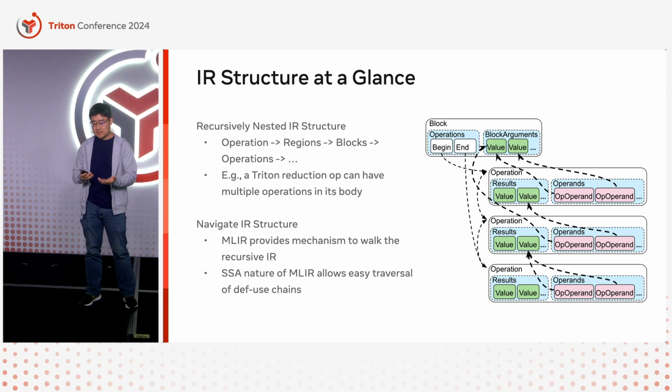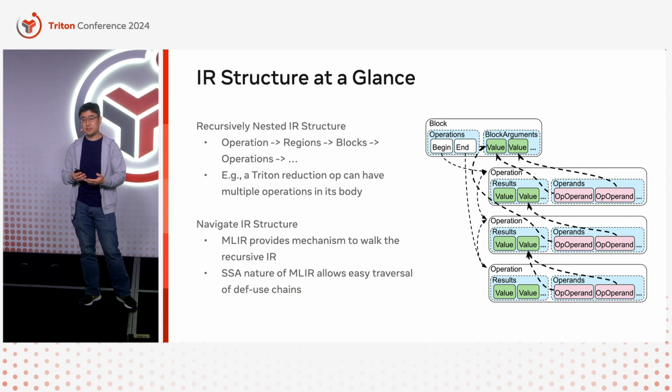You'll notice that these operands are essentially just pointers to values. So in the case of the middle operation, one of the values has two operands, and it's very easy for us to leverage the SSA nature to say, what are the uses of this value. And again, we'll see more examples down the line.